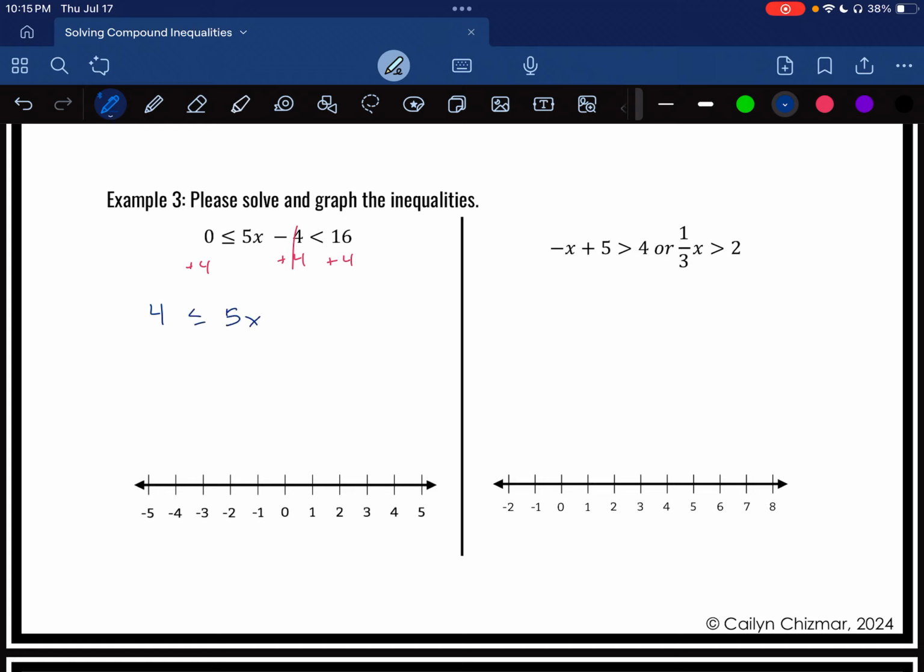Then we're going to divide by 5 everywhere. So now we have 4/5 less than or equal to x, which is less than 4.